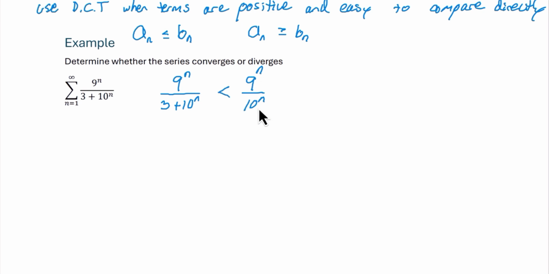And now notice what we have here. If we think of that as 9 divided by 10 to the n, hopefully that's starting to look a little familiar. That is the sum, n equals 1 to infinity, of 9 over 10 to the n. This is just a geometric series.